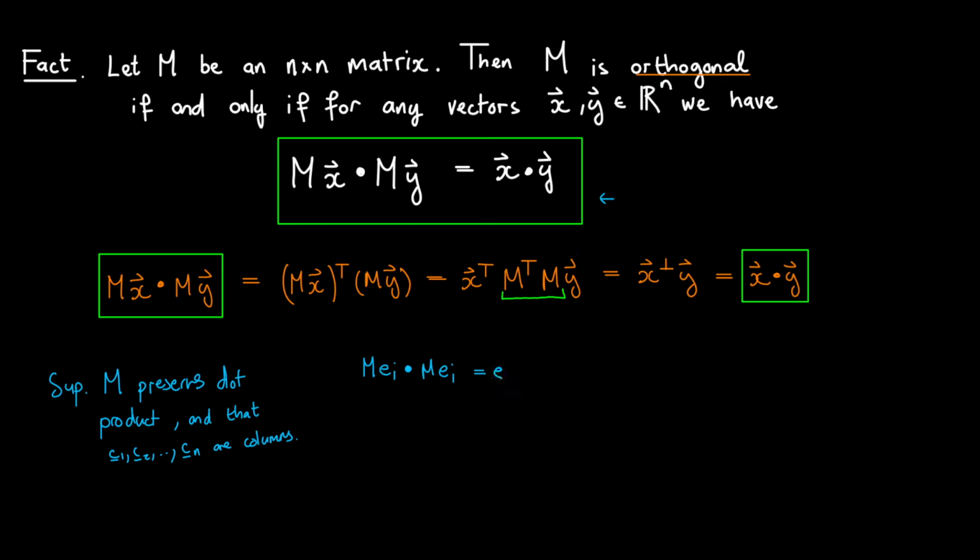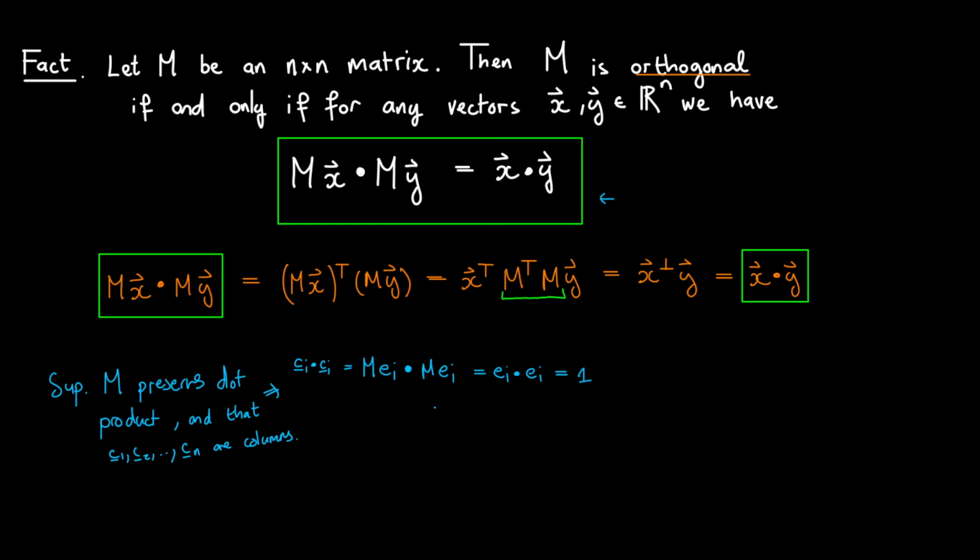It would just mean that this is Ei dot Ei. And we already know what that is. We saw earlier that Ei dot Ei must be 1. But we also saw something else, which is that M Ei is the ith column of M. And so we get that Ci dot Ci is equal to 1. So that's very good. We've already gotten the first condition here.